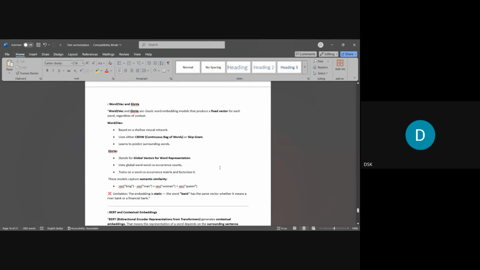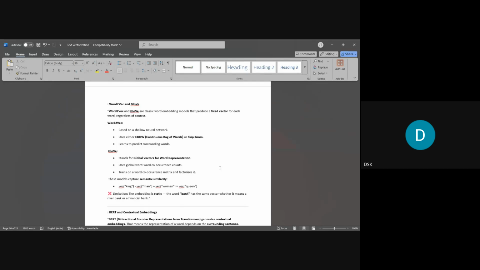Word2vec and GloVe are classic word embedding models that produce a fixed vector for each word regardless of context. Word2vec is based on a shallow neural network, uses either continuous bag of words or skip-gram, and learns to predict surrounding words. GloVe, which stands for Global Vectors for Word Representation, uses global word co-occurrence counts.